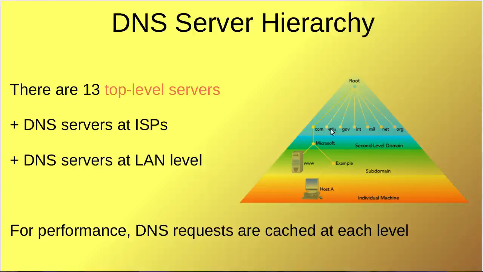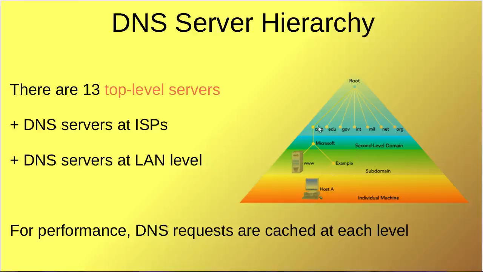And then the edu will know where uwrf.edu is, but it won't know where www.uwrf.edu is. And so it'll say, I know where uwrf.edu is, and so then you end up having to go to uwrf.edu, and then from there you will get the IP address for www.uwrf.edu. So that's how domain name service works.